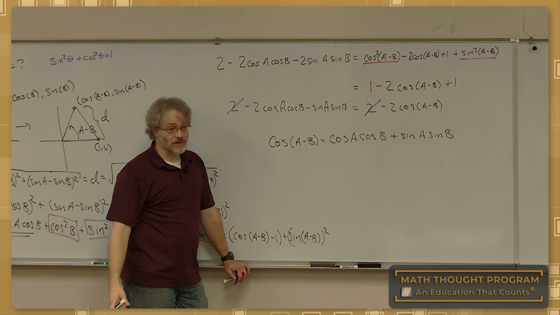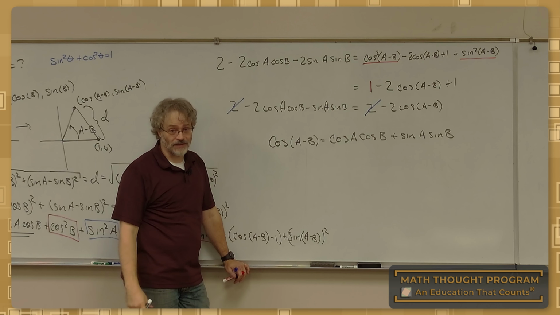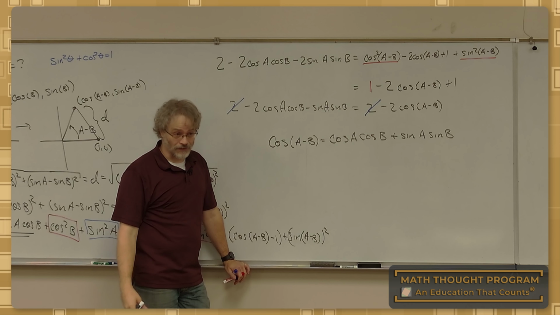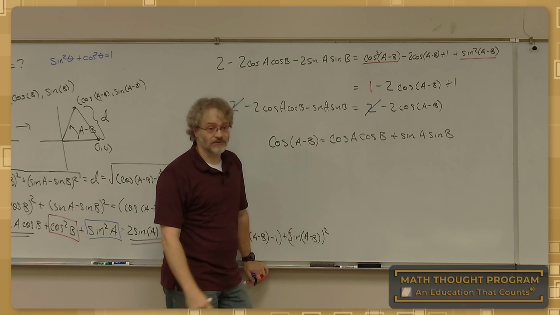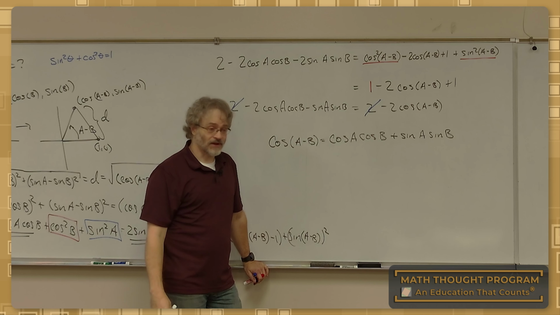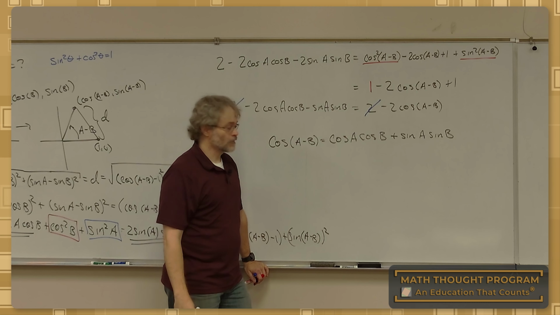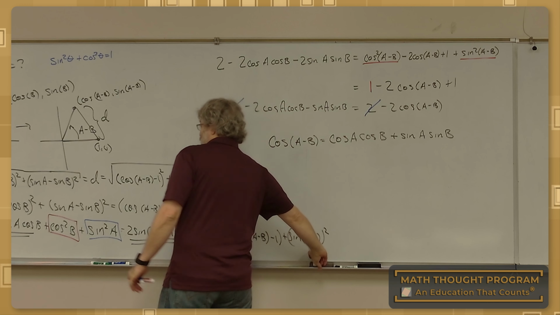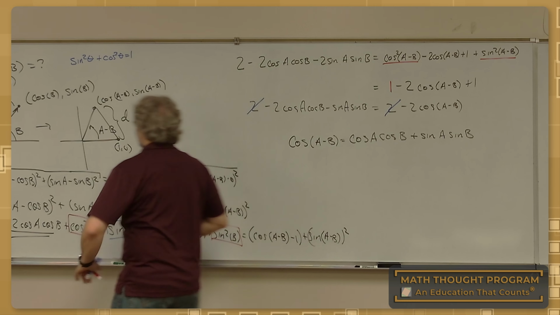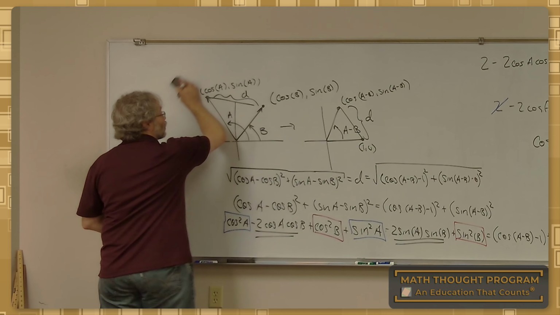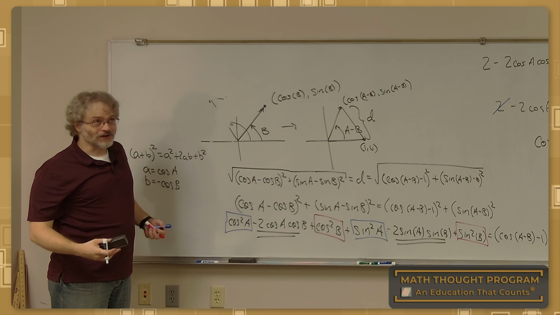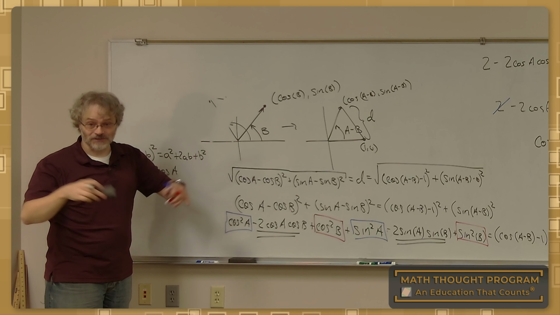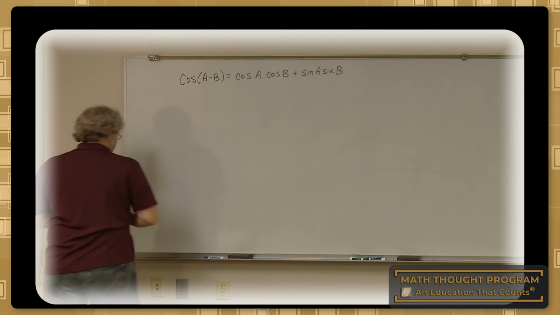Cosine of A minus B corresponds to cosine of A times cosine of B, flip the sign, positive sine of A, sine of B. All right, now this is what we want to know, the formula. How we got there, all it's doing is revealing that these formulas are not mysterious. There are actually some reasons why they come about.